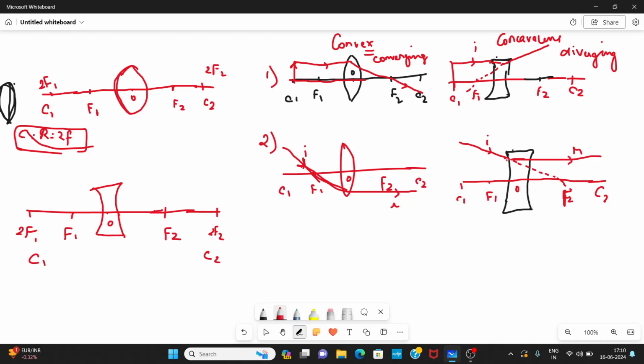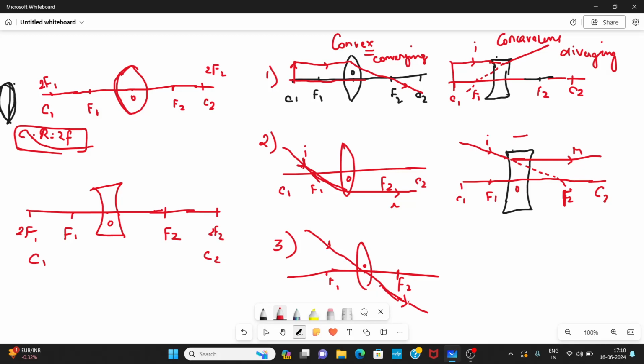So the incident light does not actually pass through your focus, but it appears to pass through your focus in case of your concave lens. The third point is where your incident light passes through your optic center. If your incident light passes through the optic center, it follows the same line without any deviation.